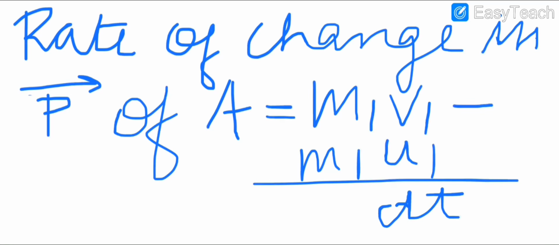Now let us proceed. Now what is the second law of motion? Force acting on body A is rate of change of momentum for the body A. Force acting on body A will be equal to rate of change of momentum for A. What is the rate of change of momentum?